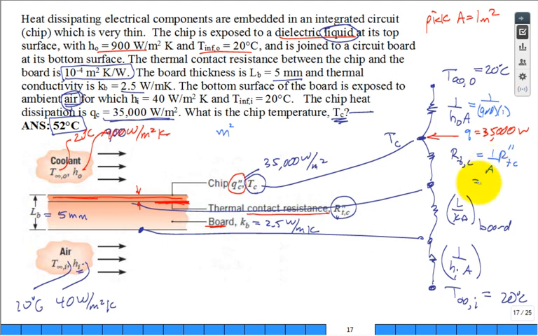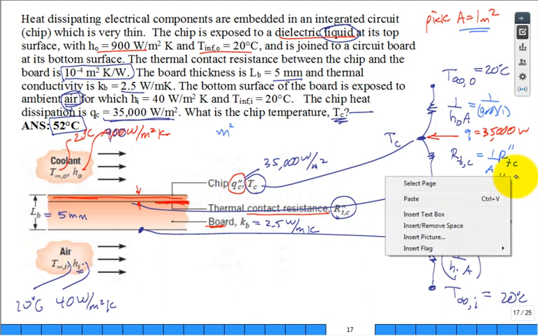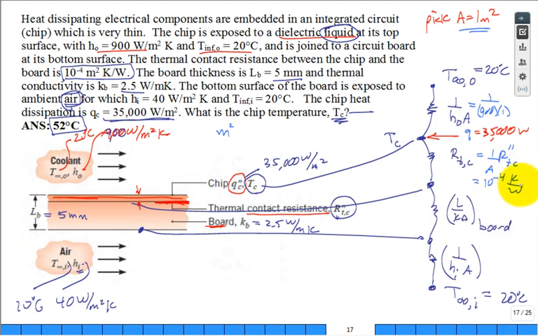Because my area is 1 meter squared, it doesn't change the magnitude. It's almost as if I could have just ignored that double prime. Anyway, this comes in at 10 to the minus 4. And then the units are degrees C or Kelvin per watt. Just like this will be some number Kelvin per watt. Those are the units on my resistance.